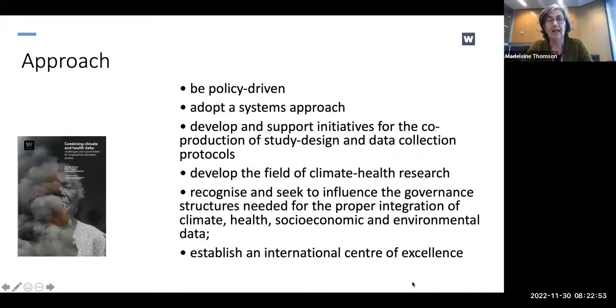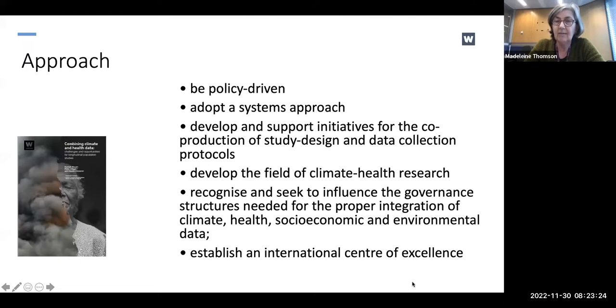And so our recommendations in brief from the report are that when we start to develop analyses on climate and health outcomes using the LPSs, first of all, let's be policy driven, i.e. how are we going to use the results of the research, adopt a systems approach to really understand the nature of the problem and how climate relates to it, and develop and support initiatives for the co-production of study design and data collection.